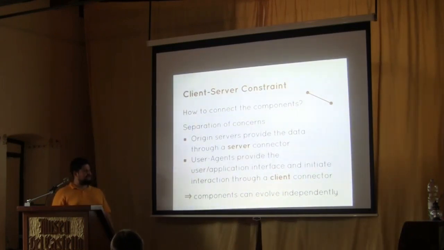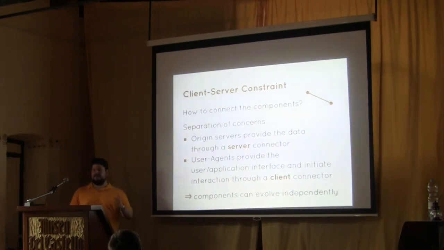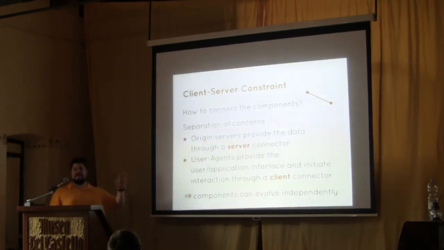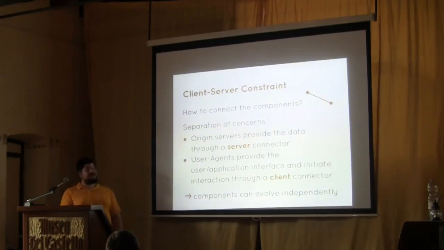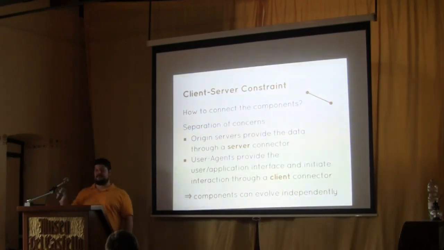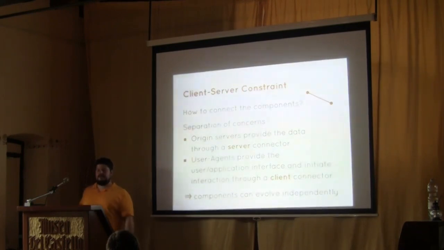And the advantage is they can evolve independently. I mean, this is a pattern you also see in model view controller, for instance. So separation of concern, that's something important, and it's also important for networked systems.